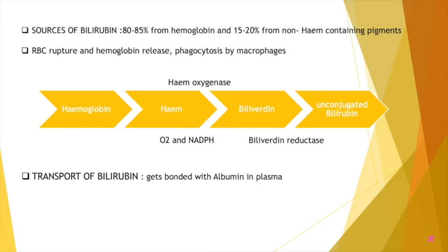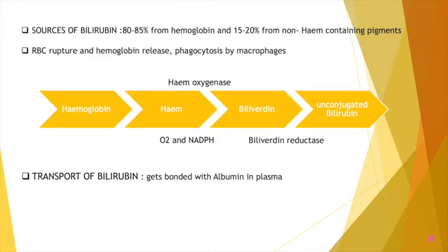When it got produced, it was free. When it got released into plasma, it doesn't want to stand alone, so it got combined with albumin. In each stage it will combine with something. So we are done with the transport of bilirubin.